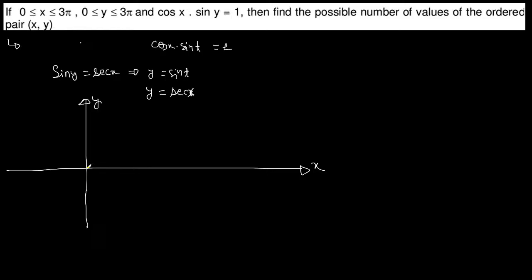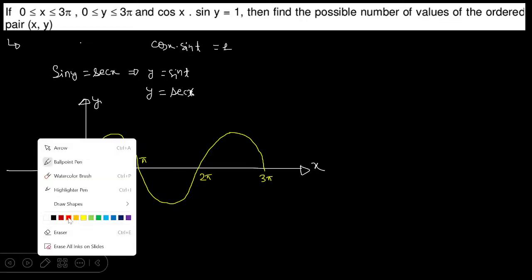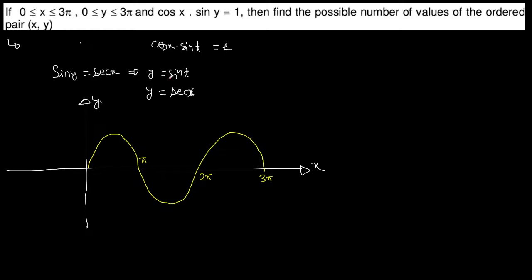So sin t is going like this. Pi, 2 pi, 3 pi. And we have sec x. So if you remember the graph of sec x, at pi by 2 it was infinity, at 0 it was 1.